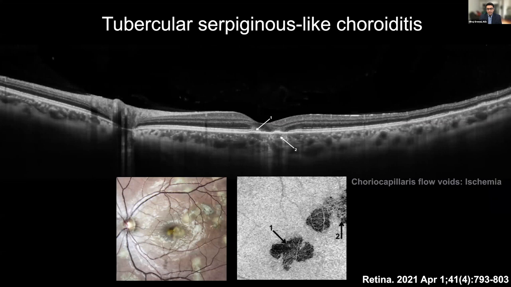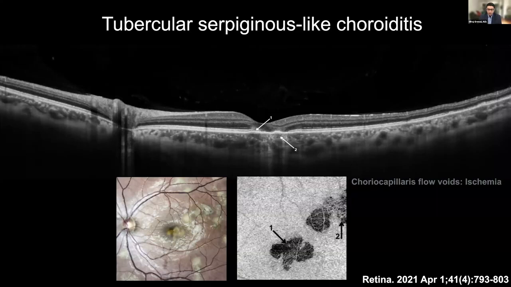So in an endemic country like India, where we often see tubercular serpiginous-like choroiditis, obtaining wide field OCT, particularly the average scan that gives you a high resolution, is very helpful to obtain high quality imaging of the outer retina that allows you to assess the extent of disruption of the ellipsoid zone and the external limiting membrane, assessment of the choroidal thickness and vascularity, and also obtaining OCT-A images, which at the level of the choriocapillaris show oftentimes these dark areas which represent choriocapillaris flow voids and are thought to be on the spectrum of choriocapillaris ischemia.